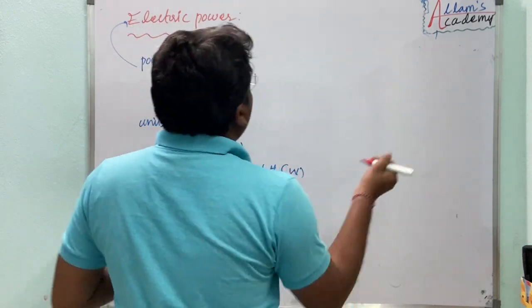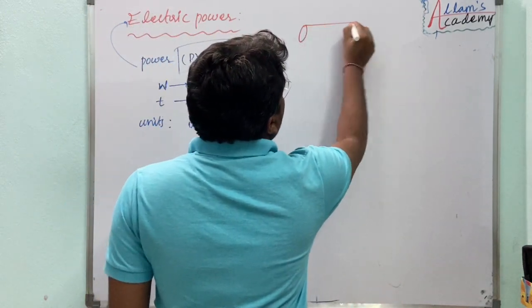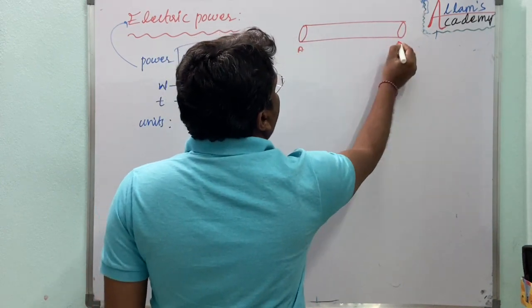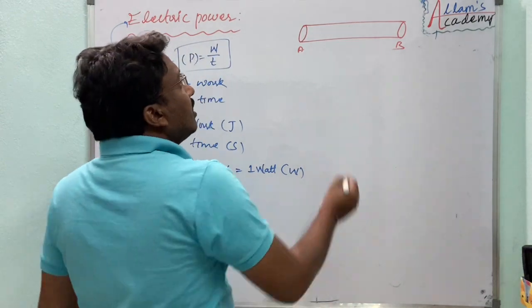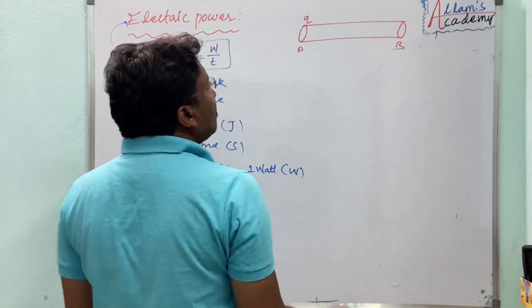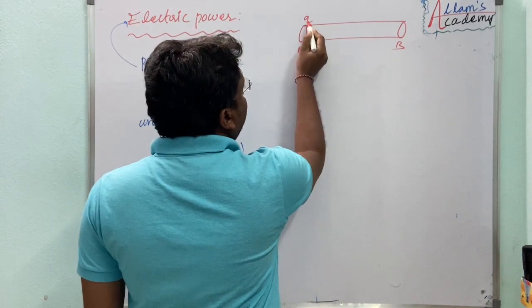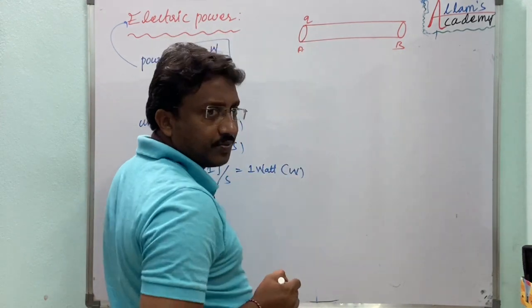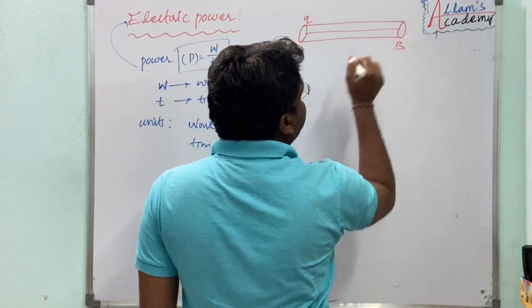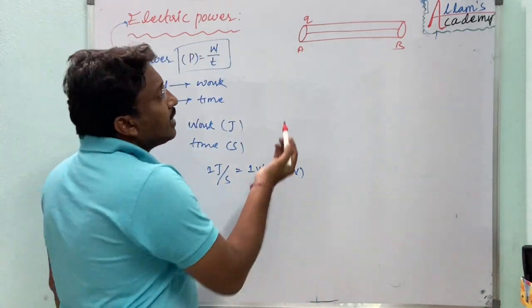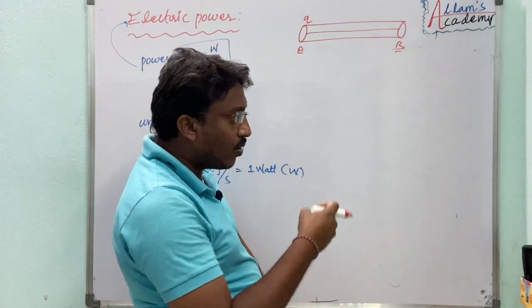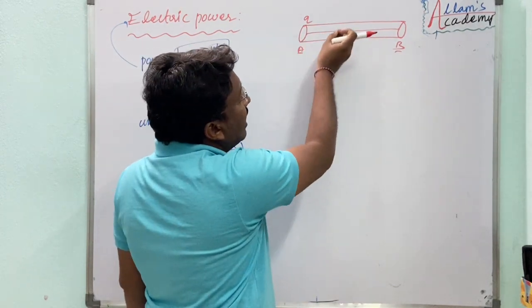Very simple. For example, this is the electric conductor from A to B. One Q charge flows from A to B. To bring the Q charge from A to B, the electrical energy has to do some work.